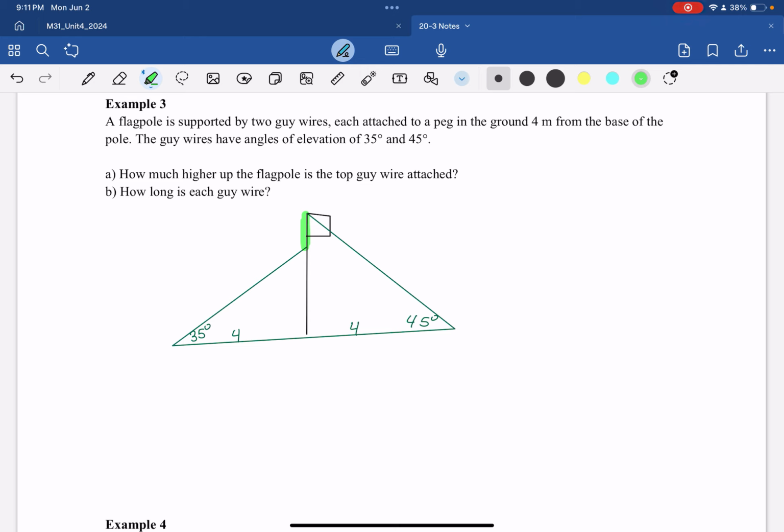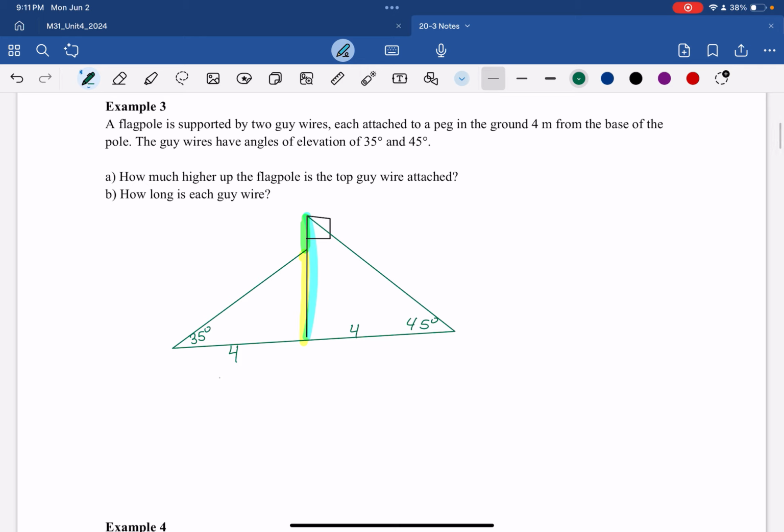So in order to do that, what I need to figure out is the height on each side of these triangles. So I want to figure out the height here, and I want to figure out this total height, in order to figure out that green height. So to start, I'm going to start working on the left side. So I know that it's 4 meters here, which is my adjacent side.